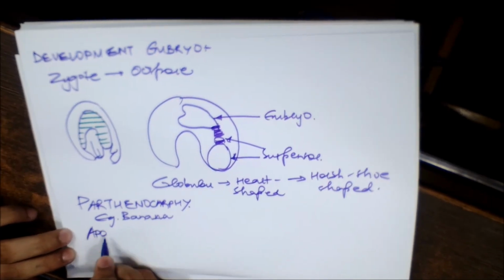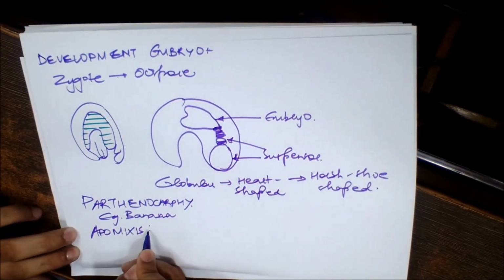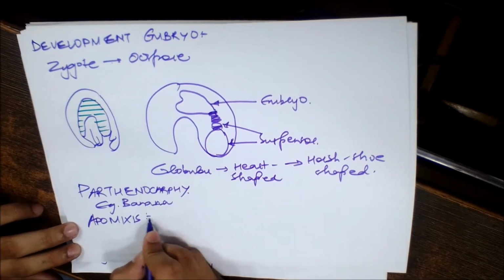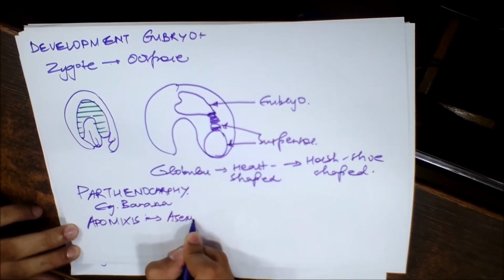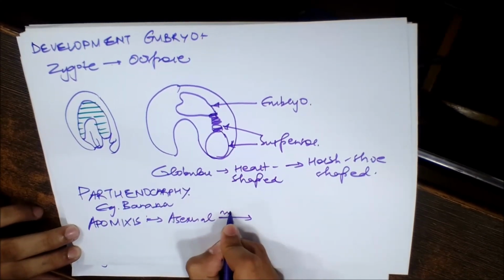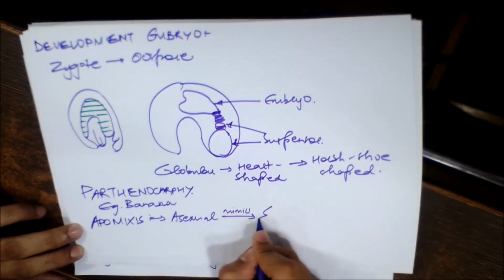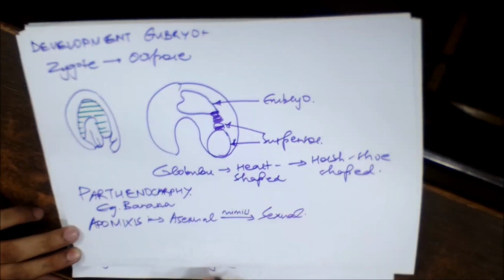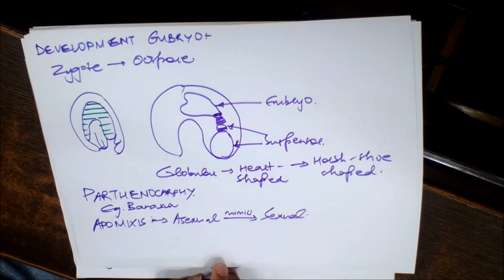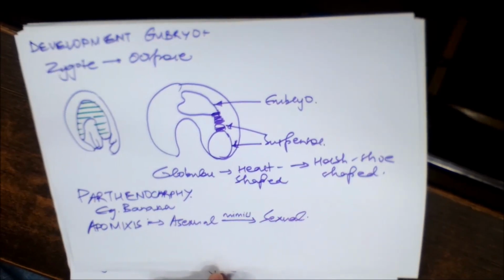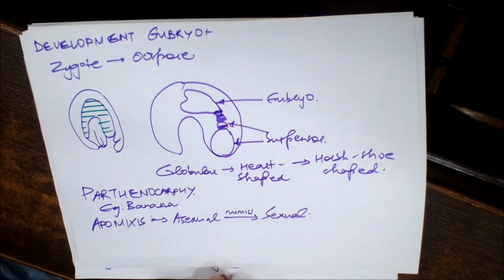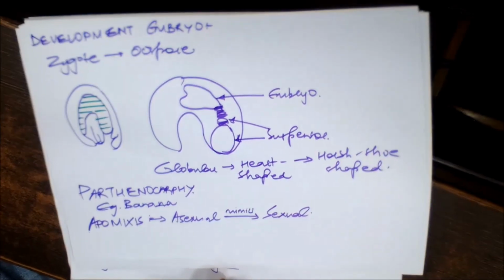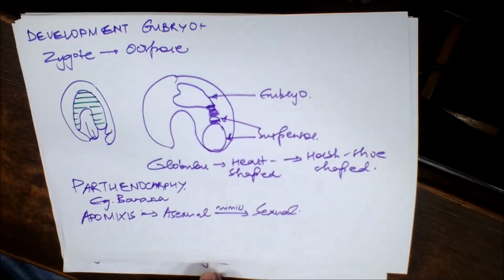Two important terms again are apomixis, which is a form of asexual reproduction which mimics sexual reproduction, wherein seeds, though looking like products of fertilization, are seen in structures without fertilization.